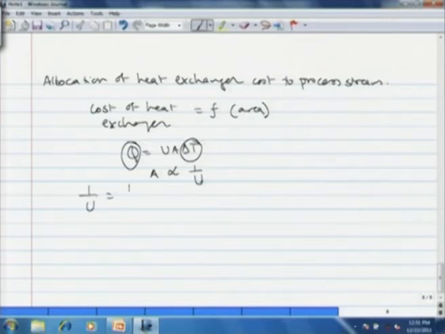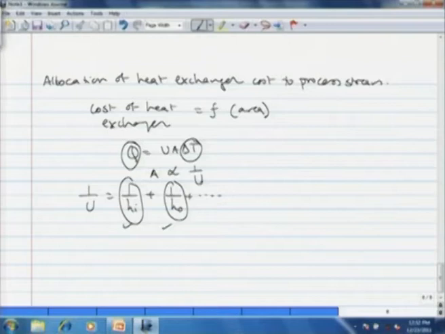However, we know from our heat transfer principles that 1 by U, the 1 by overall heat transfer coefficient, is 1 by HI plus 1 by HO plus some other factors like the conductivity and dirt factor. So, this means that the area of a particular exchanger is inversely proportional to the film coefficients of the two streams that are in that exchanger, the inside and outside stream.